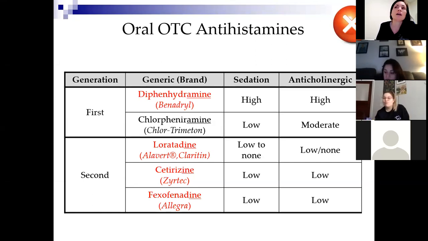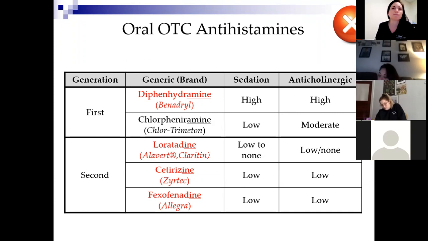The second generation, though, of histamine blockers causes far less sedation and less of the anticholinergic activity, or the SLUD. So these are far more popular for seasonal allergies or allergic rhinitis. So Claritin, Zyrtec, Allegra, these are used more commonly than Benadryl for seasonal allergies.